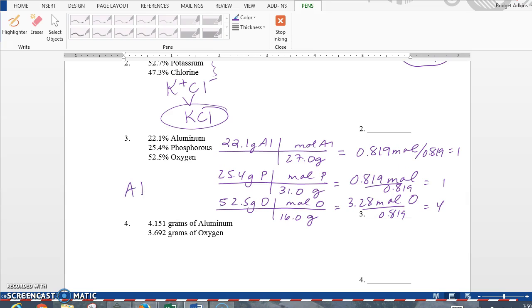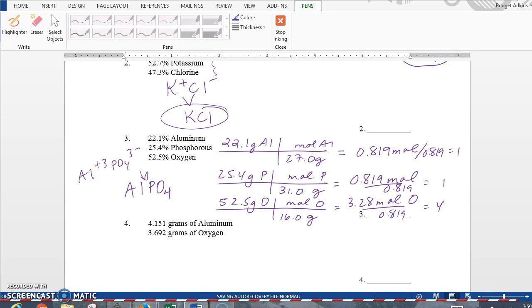So our chemical formula is AlPO4. This is ionic. You can't really predict it from this because you don't know, is it phosphate or phosphite? In this case, it's aluminum phosphate. But you can certainly check your work because I won't make any wrong ionic formulas. And so when those two get together, they do make AlPO4. So for every 1 aluminum ion, you have 1 phosphate ion in your crystal lattice.